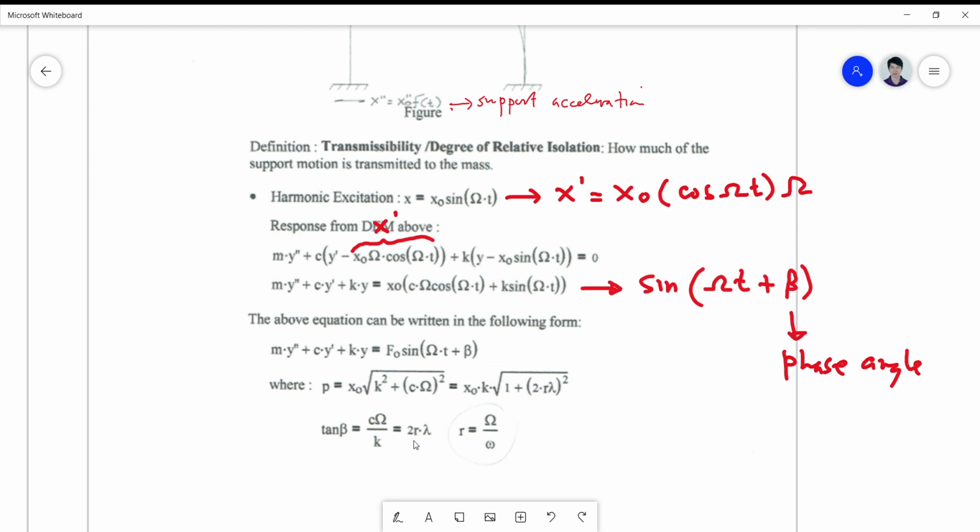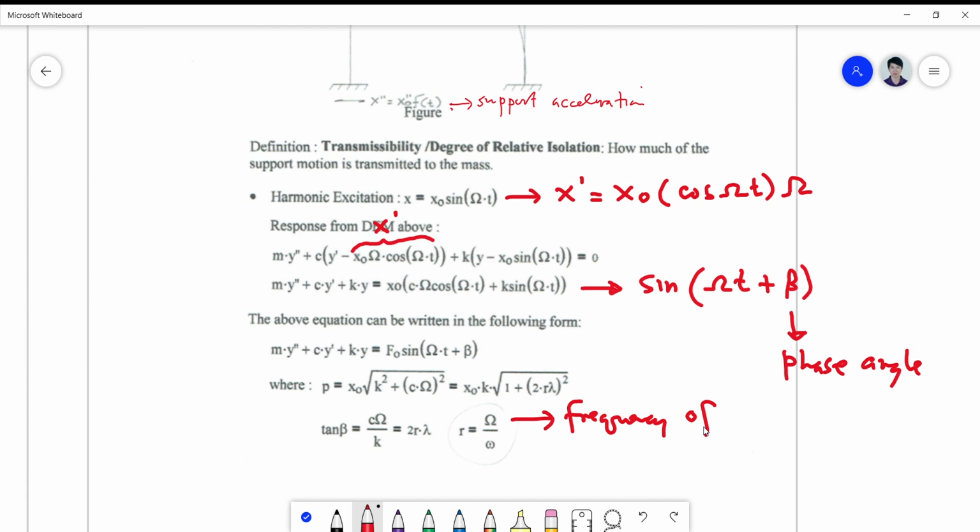Lambda is again defined in terms of k, and also an r is defined in terms of the ratio of the frequency of vibration.